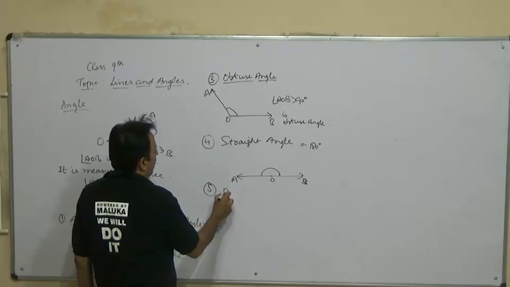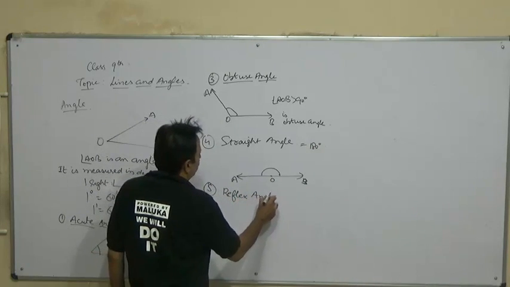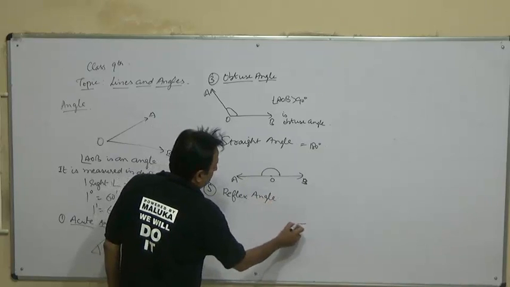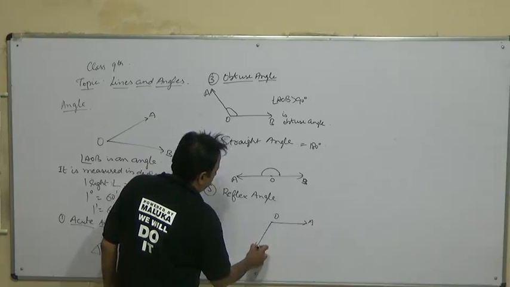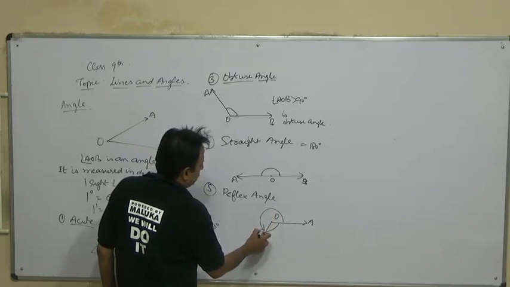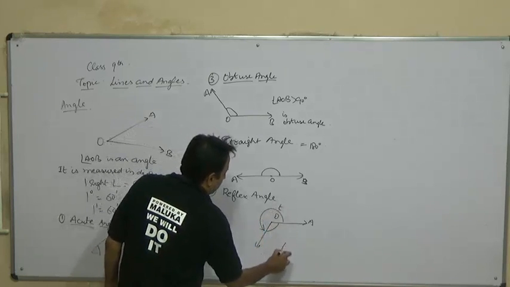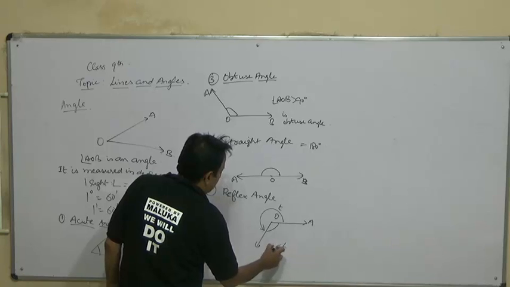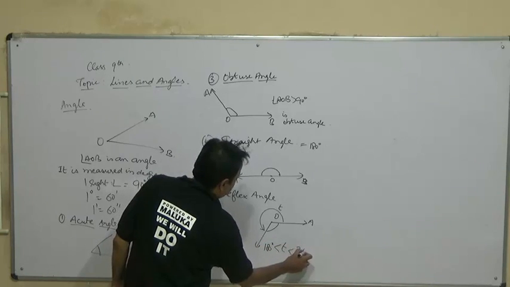Then we have got reflex angle. So reflex angle is that angle. For example, this is AOB, and this is your reflex AOB. That is, this angle is greater than 180 degree, but it is less than 360 degree.